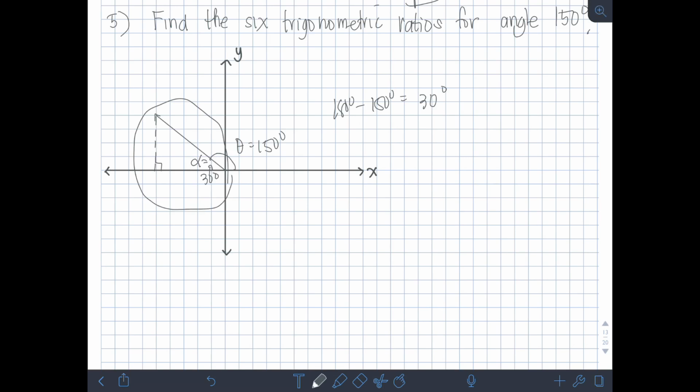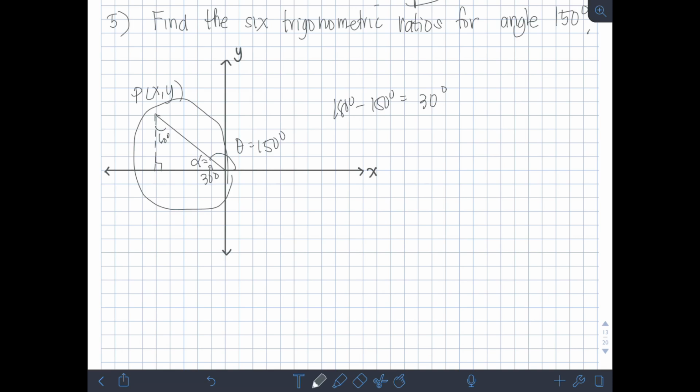Okay? So, let's say ito yung point P natin na may coordinate x, y. So, mapansin nyo, anong nabuo nating right triangle? 30, 60, 90 triangle, which is a special triangle, right? So, pwede natin i-apply dito yung natutunan natin doon sa trigonometric ratios for special triangle.